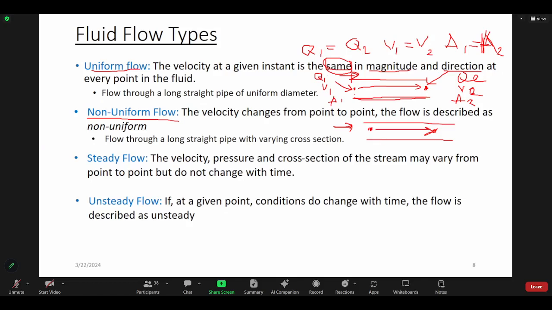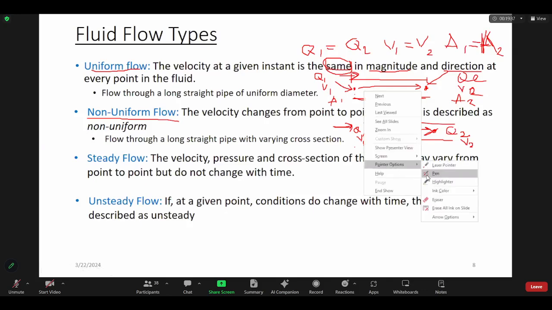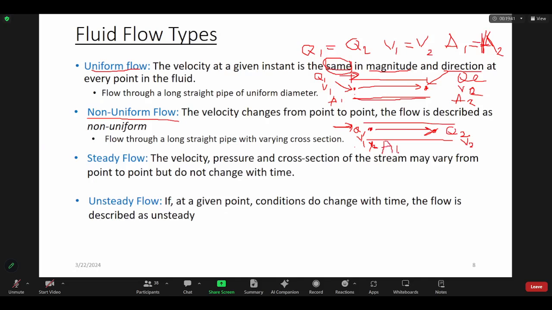At this location, flow rate Q1, discharge Q2, velocity V1, velocity V2, and the pipe cross-sectional area at the first point A1 and at the second point A2.